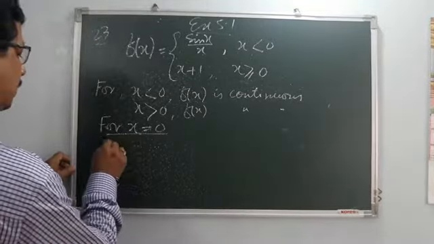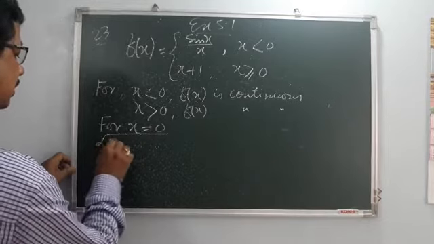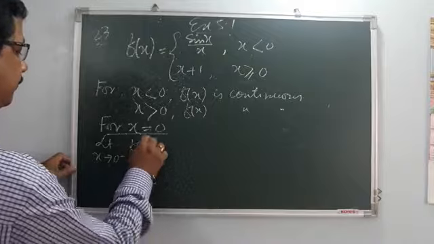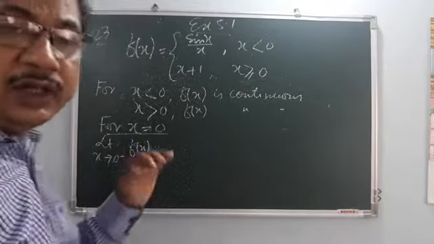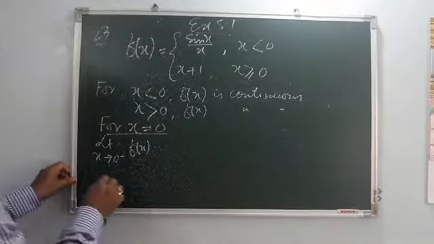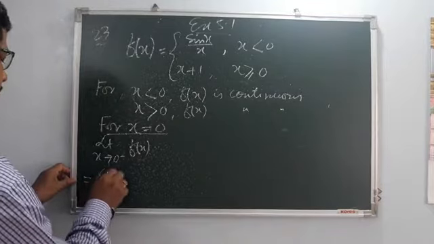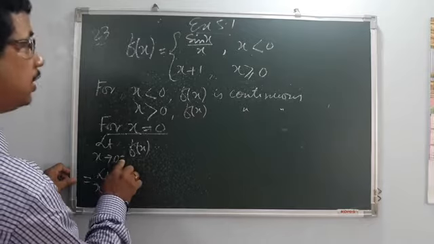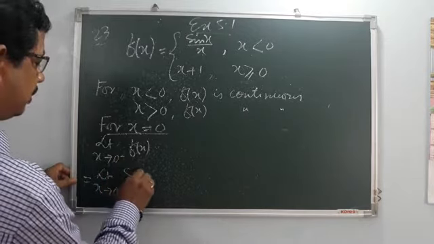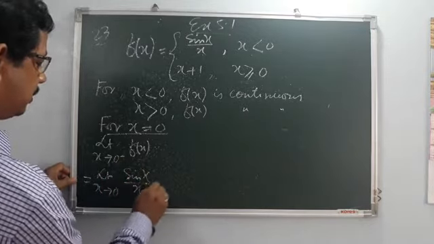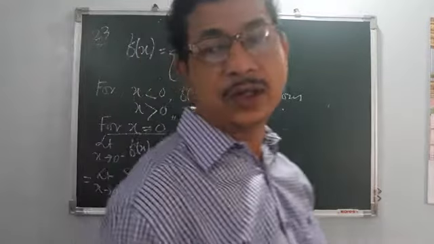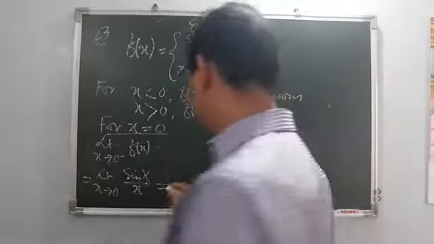For that we will first write LHL, limit x tends to 0 minus f(x). 0 minus means a little less than 0. So we write limit x tends to 0 f(x); the value of f(x) when x is a little less than 0 is sin x by x. See, limit of sin x by x when x tends to 0, its value is 1.